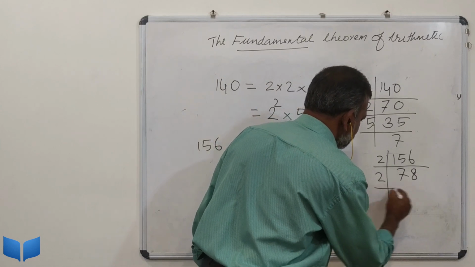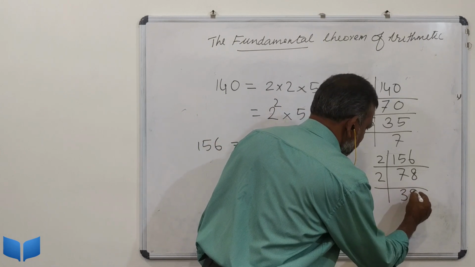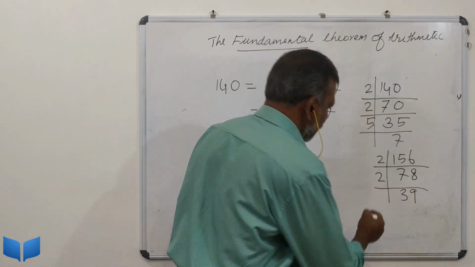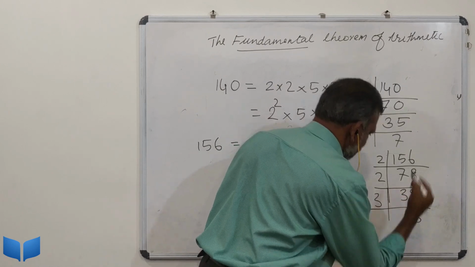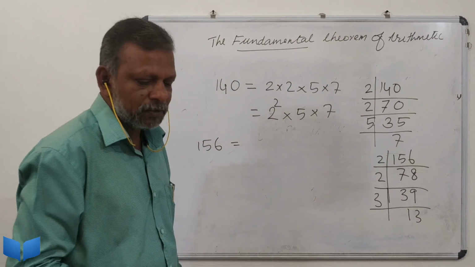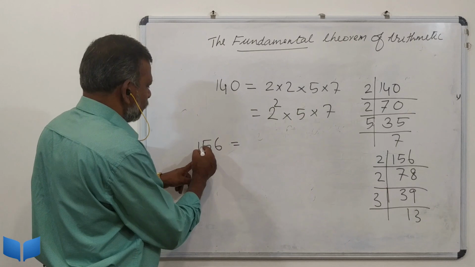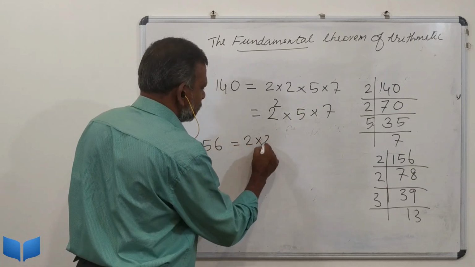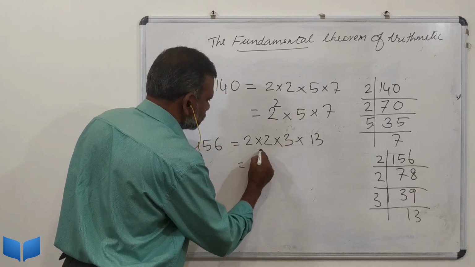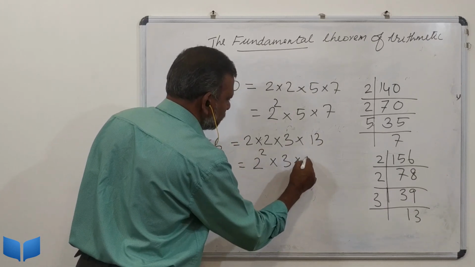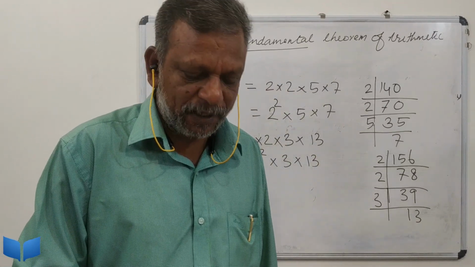Again by 2, 3 twos are 6, 1 remainder, 18, then 9. Then by 3, 3, so 2 into 2 into 3 into 13. Therefore we can write 156 equal to 2 into 2 into 3 into 13, which is equal to 2 squared into 3 into 13. So this is the method to prime factorize a composite number.